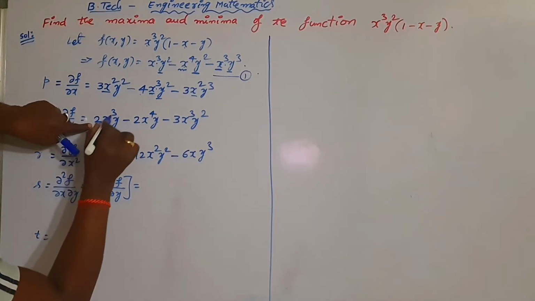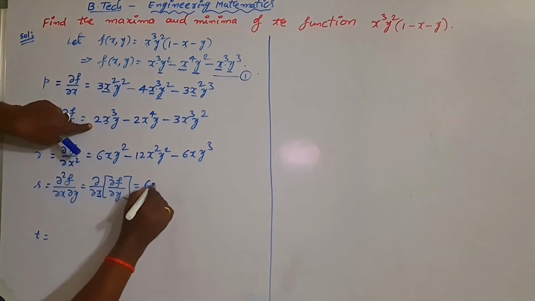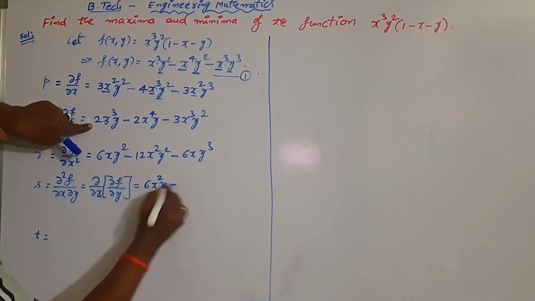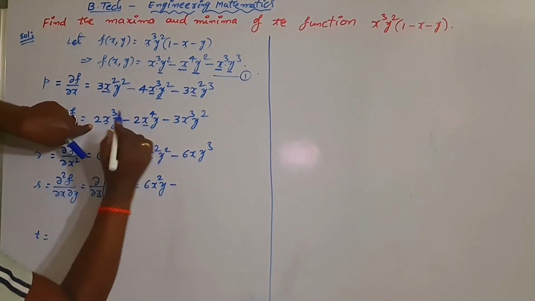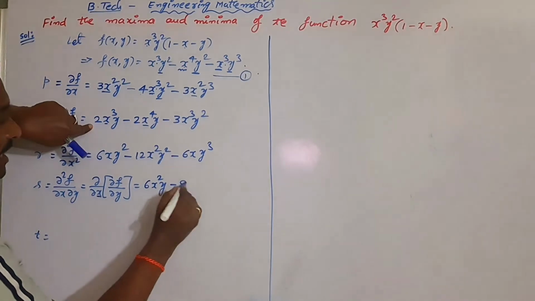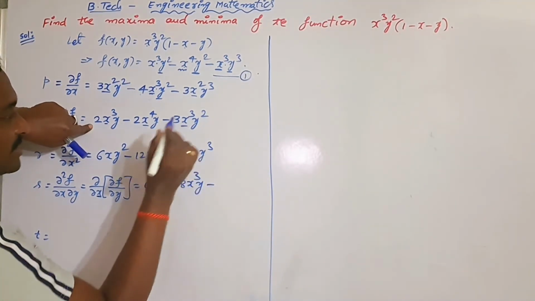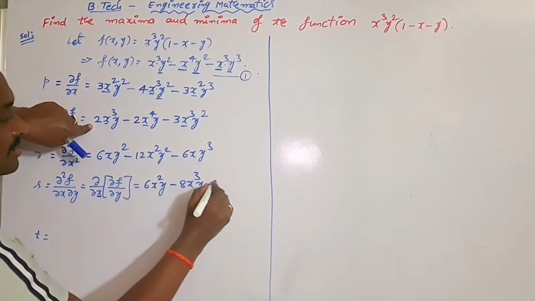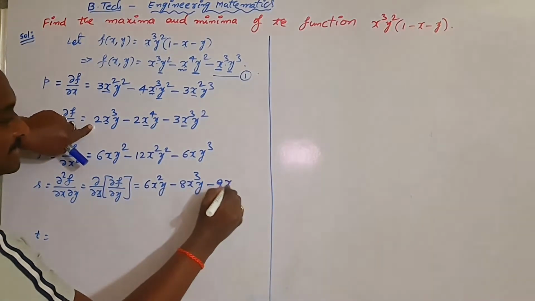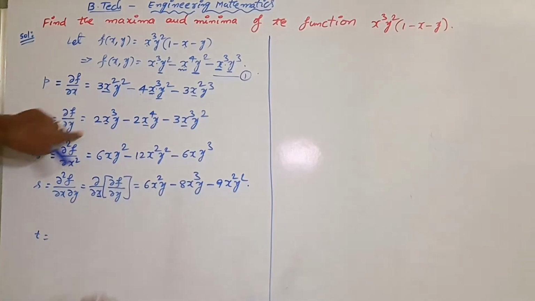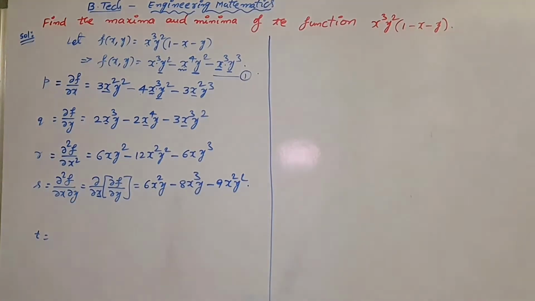So the derivative of x³ is 3, 2 threes are 6x²y, minus the derivative of x⁴, 4 twos are 8x³y, minus the derivative of x³ is 3x², 3 threes are 9x²y². I hope you all understand these partial derivatives.